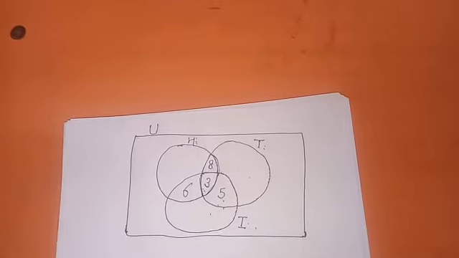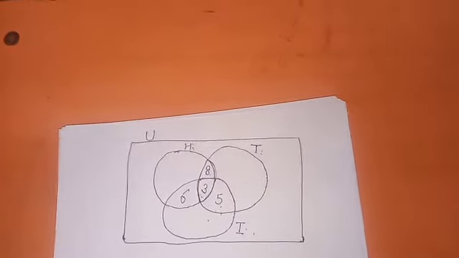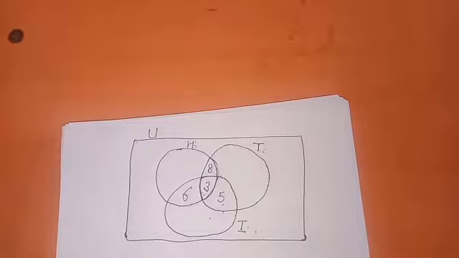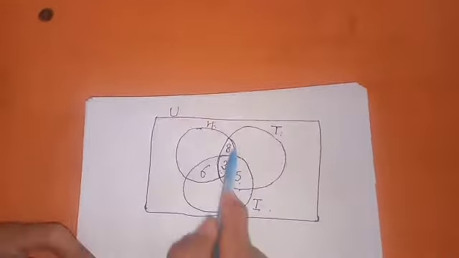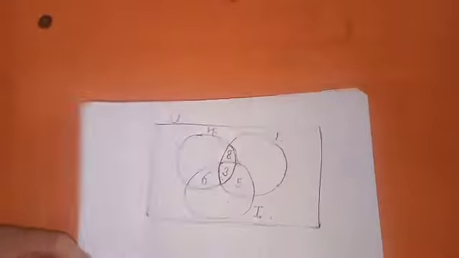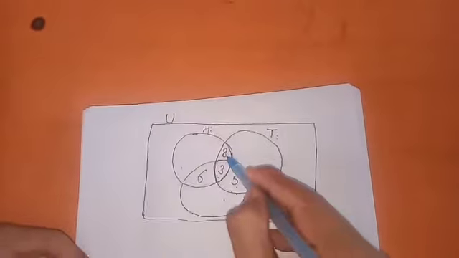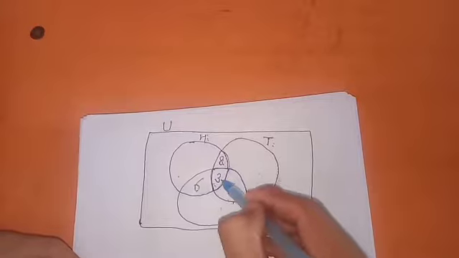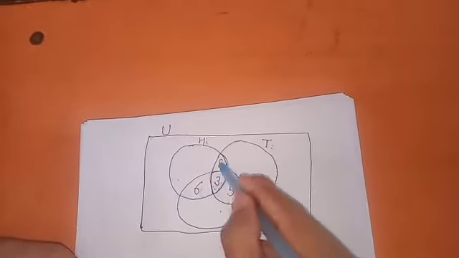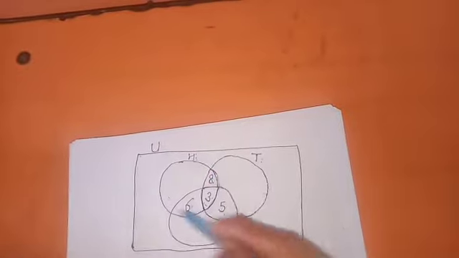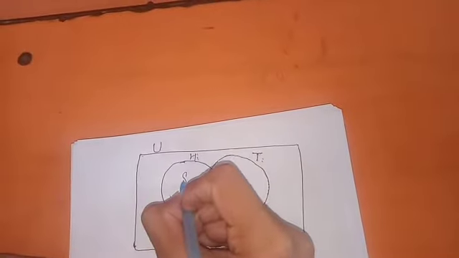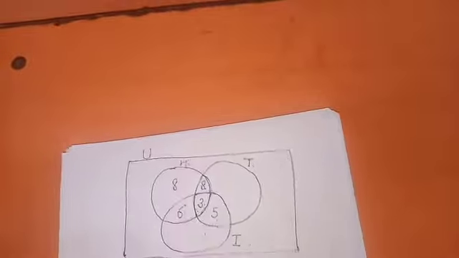25 people read newspaper H, so in this complete region we have to make 25 people. 8 are listed here, 3 here and 6 here, so the total is 17. We have written 17 already, so the remaining is 8.